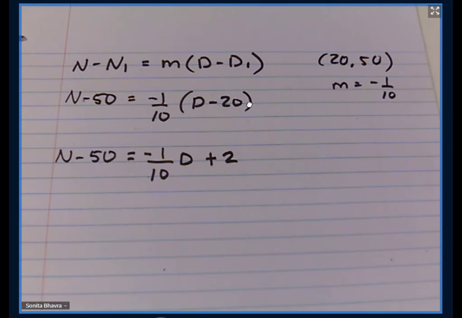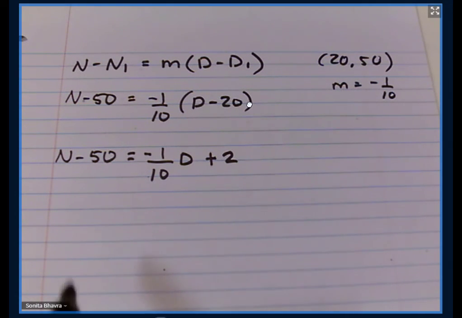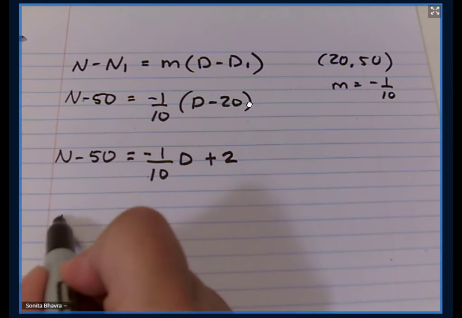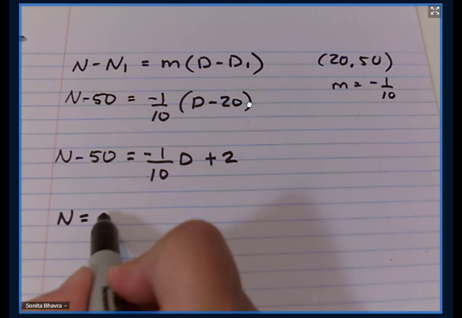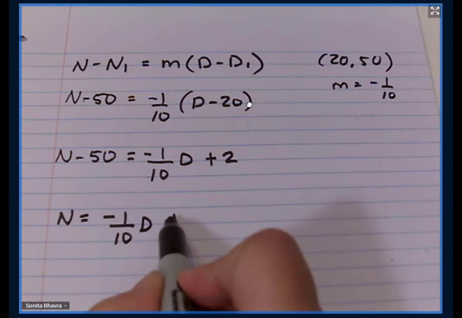And so at this point, we just have to bring this 50 over to this side, so we just have to add 50. So n equals negative 1 over 10d plus 52.